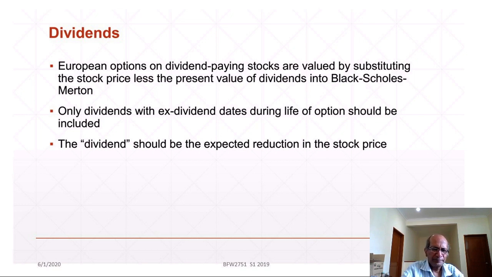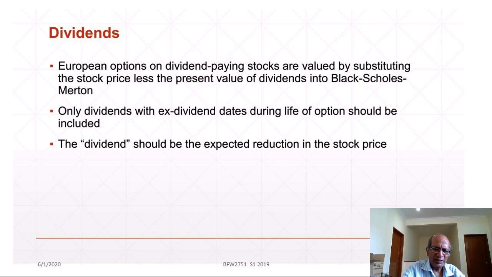Let's say the option has a 6 month life, and you are receiving a dividend in 4 months. You have to bring that dividend down to the present value if the dividend is given to you in a dollar value, and that present value will be subtracted from S0.